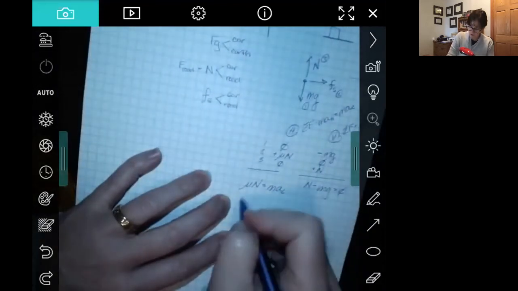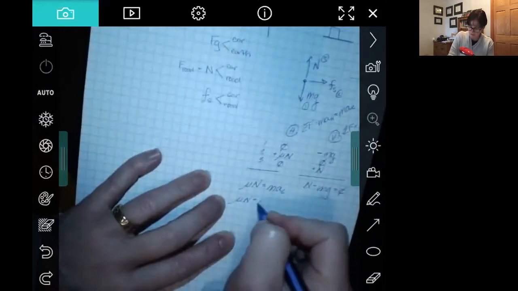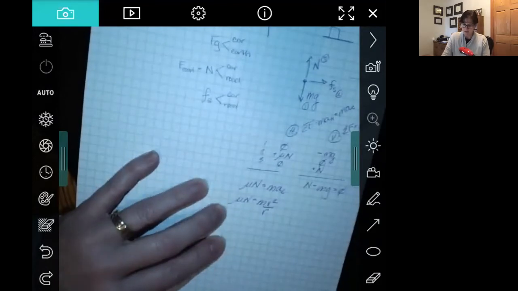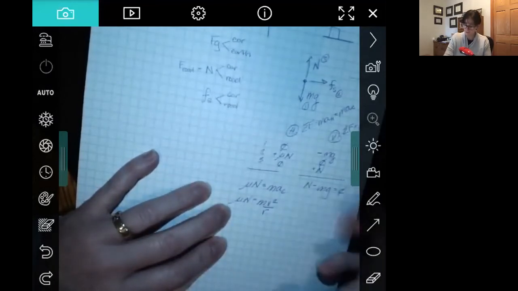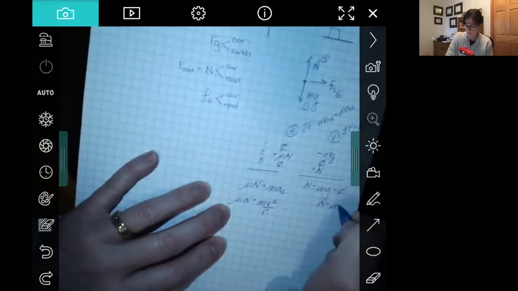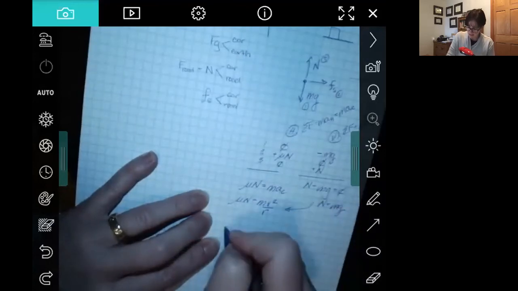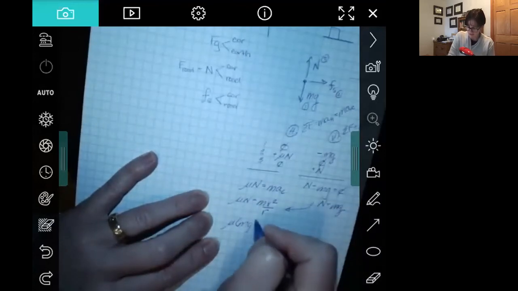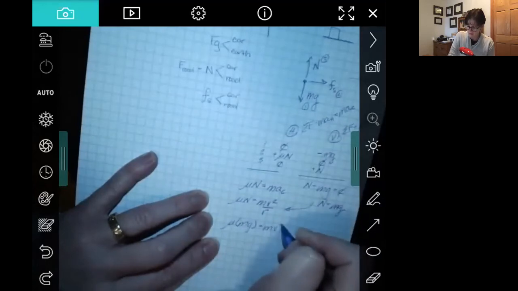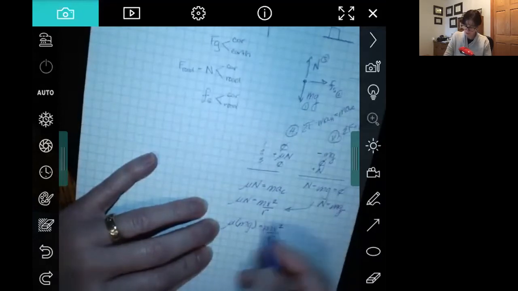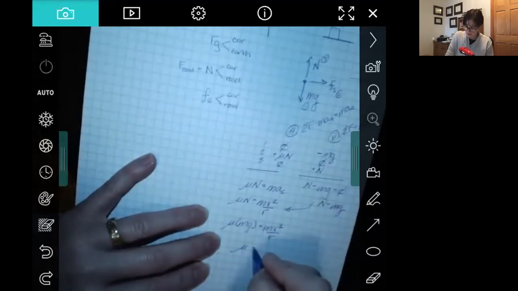Okay, so we know that our centripetal acceleration is equal to the speed squared over the radius. Now we don't know n, but we do know from our vertical assessment that the normal force is equal to mg. So if I plug that in, I have mu times mg is equal to mv squared over r. And again, I'm trying to solve for that coefficient. So I'm going to divide both sides by mg, and I get mv squared over mgr.